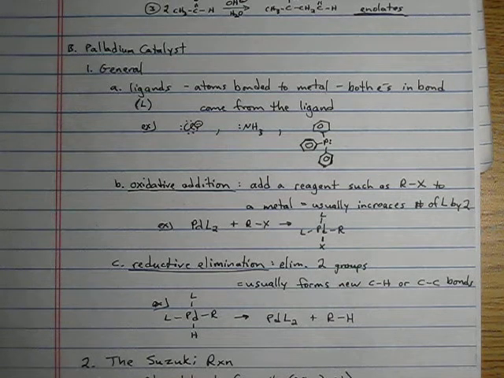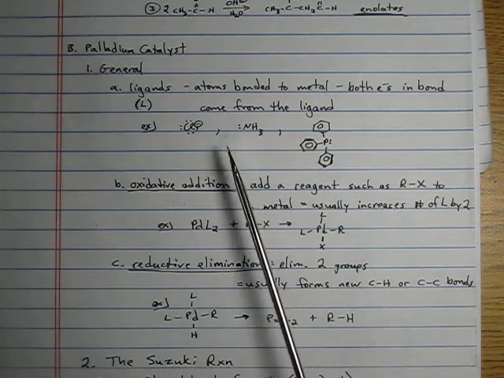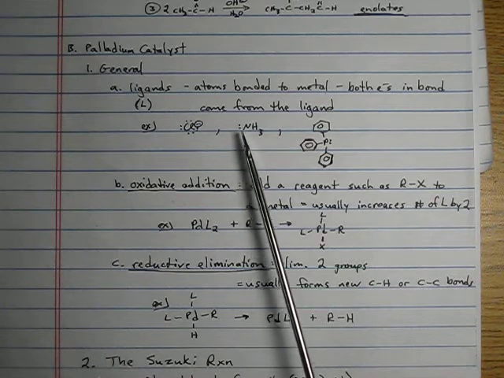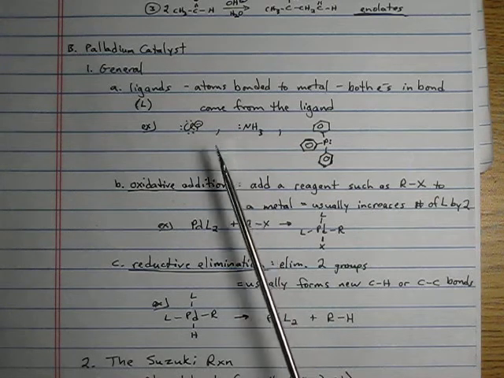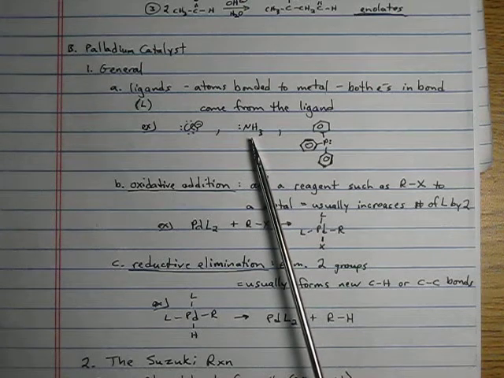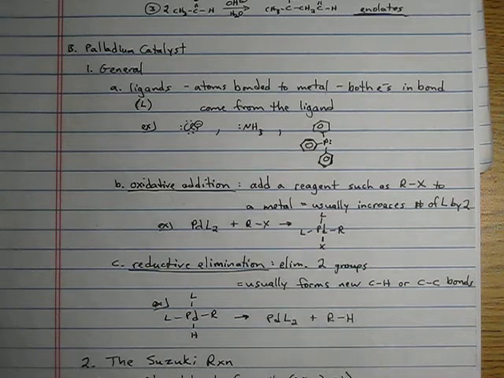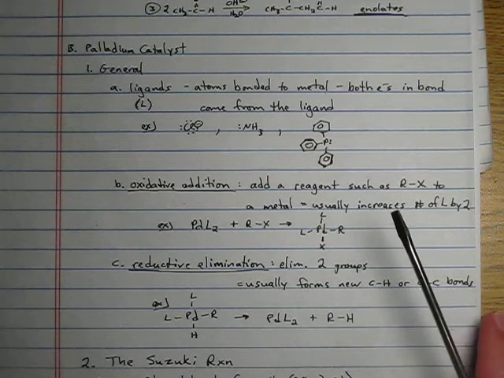And normally when we consider ligands, we are of the thinking that the bonding pair of electrons, both electrons, come from the ligand. So this ammonia, when it bonds to a metal like palladium, both electrons here come from the nitrogen to form a covalent bond with the metal. Recall, this is not shocking.